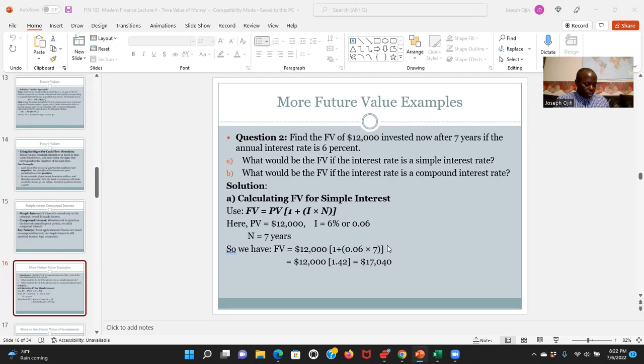12,000 times 1 plus 0.06 times 7. So we use a regular calculator. So I'm going to take you to the regular calculator so that we can compute this.